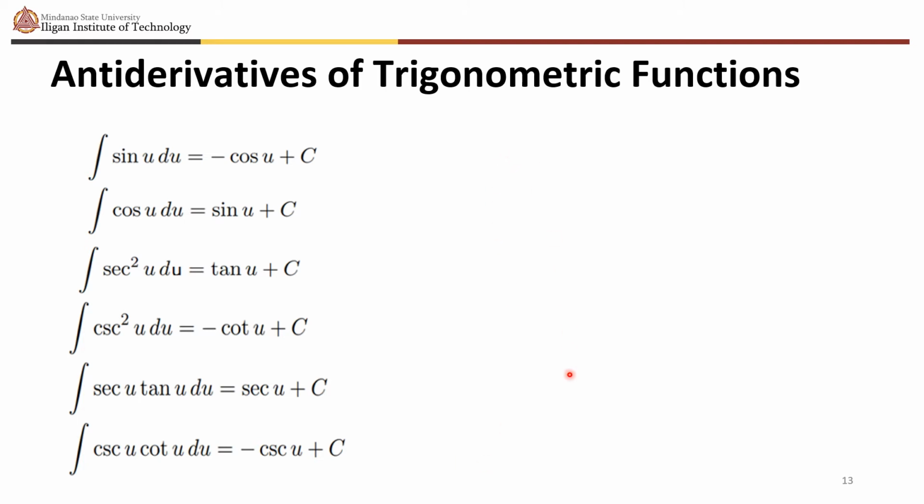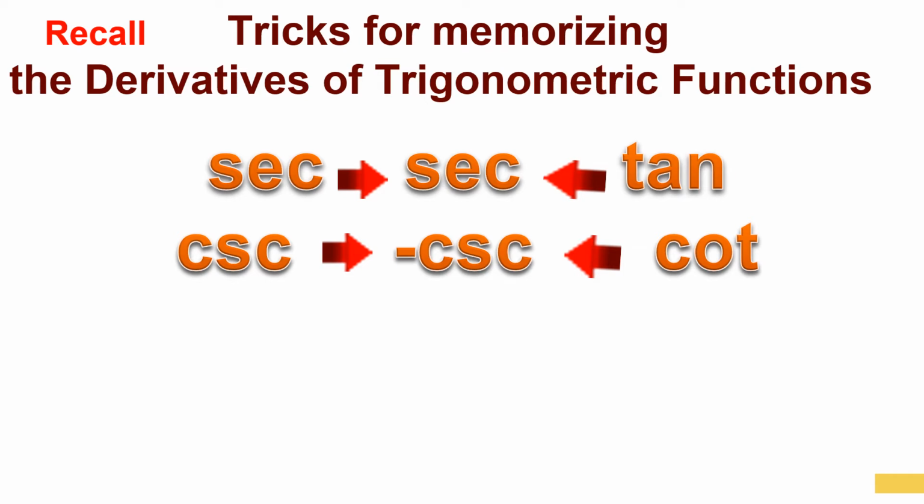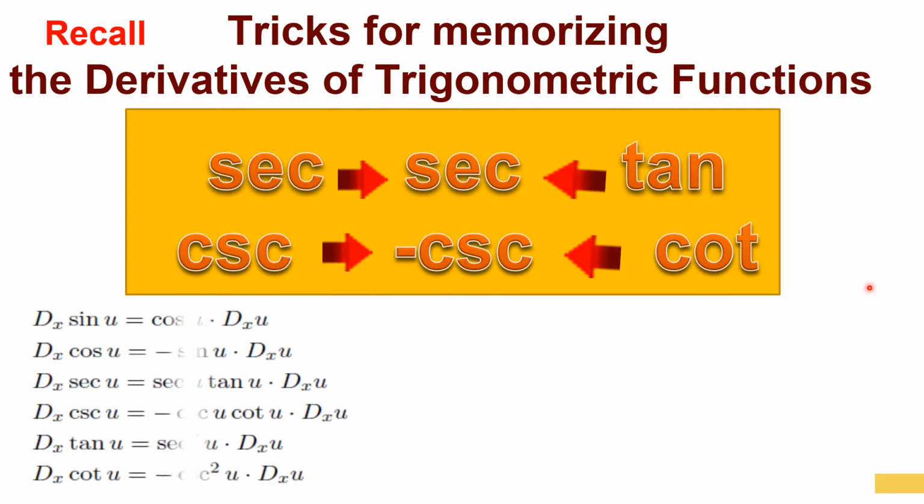Now, how are we going to recall all these antiderivative formulas for trigonometric functions? We can make use of a mnemonic device. If you remember, we had tricks for memorizing the derivatives of trigonometric functions before. The derivative of sine u is cosine u du, and the derivative of cosine u is negative sine u du.